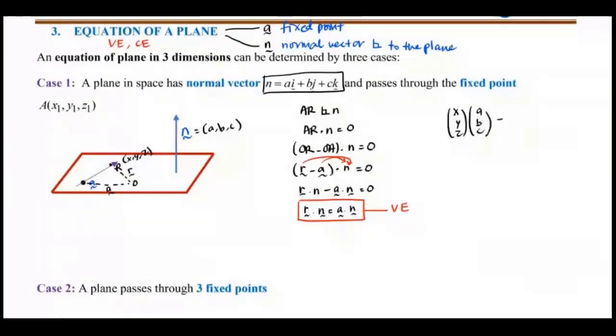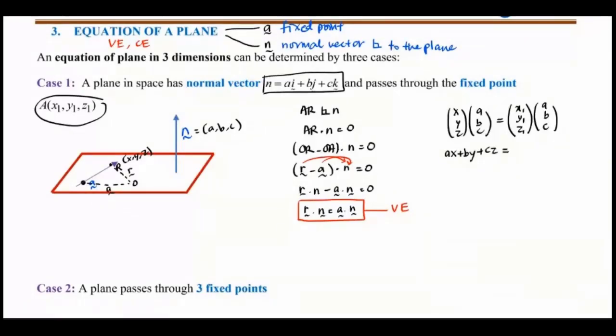And then A, kita ada vektor yang ini which is x1, y1, z1. And then n lagi. So will be A, B, C. Okay, so we will do dot product for left hand side and right hand side. Literally we end up AX plus BY plus CZ.